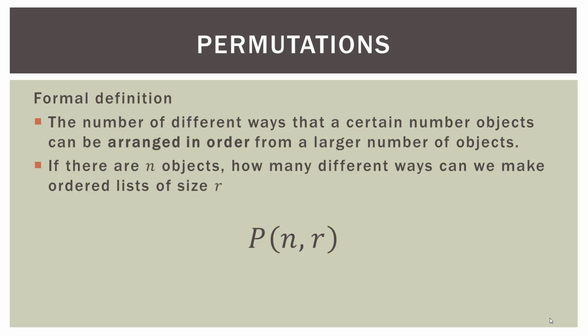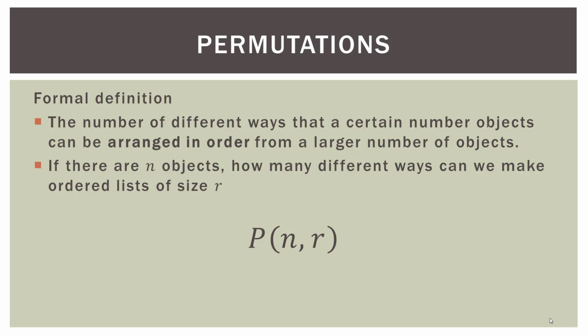Now how do we write that? There are actually several ways this is written in statistics and finite math, but I'm going to stick to the one I know and use in finite math courses. We have capital P, which means permutations, and then in the parentheses we have n, comma, r.